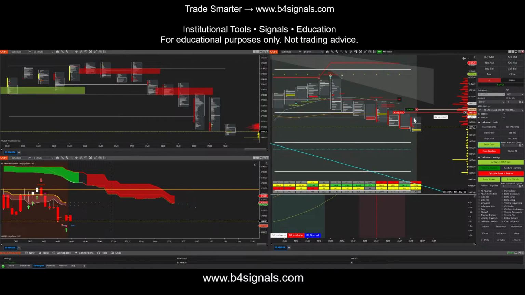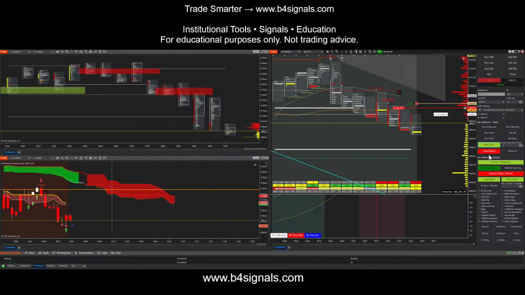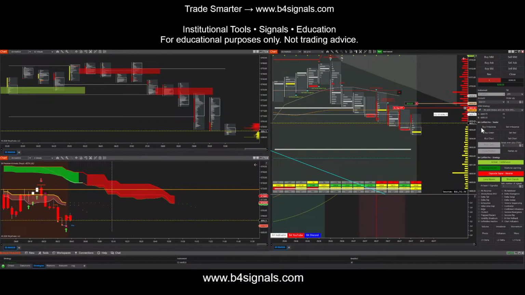Break even button here on the CoPilot Pro. This chart trader section up here is our order management section.